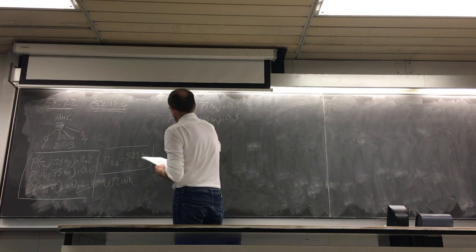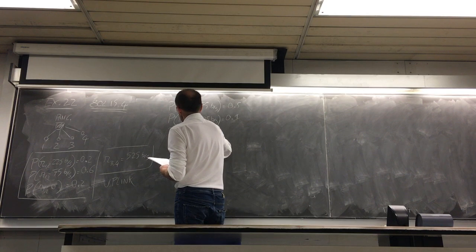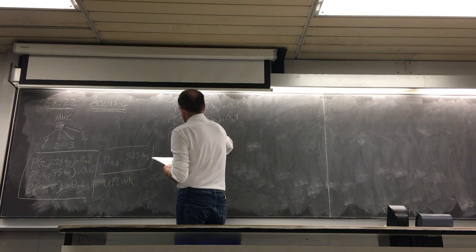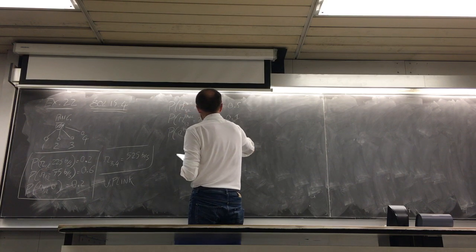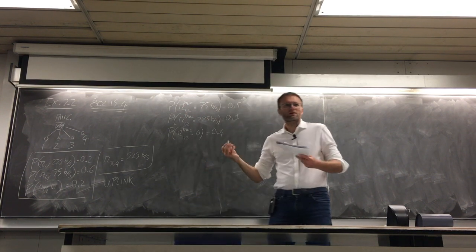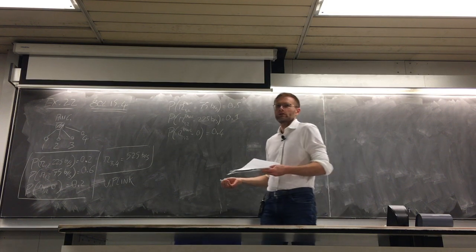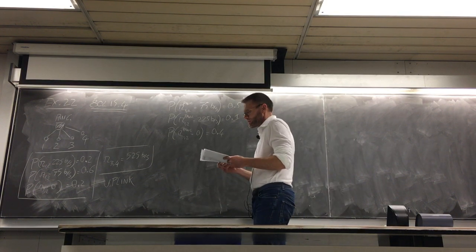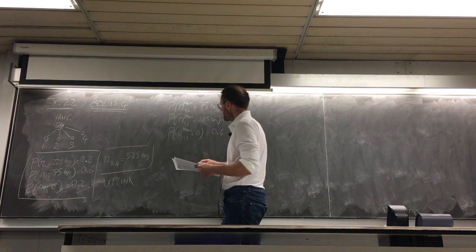And the probability that the rate from the PAN coordinator to 1 and 2 is equal to 0 is 0.4. So also the PAN coordinator has something to send down, which is something new with respect to the previous cases.